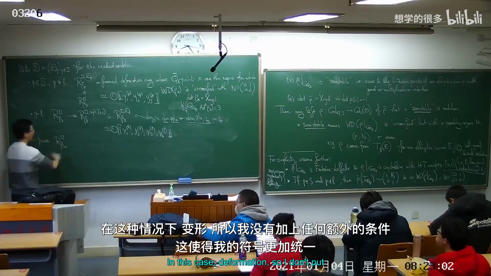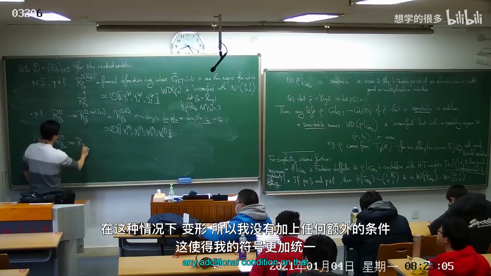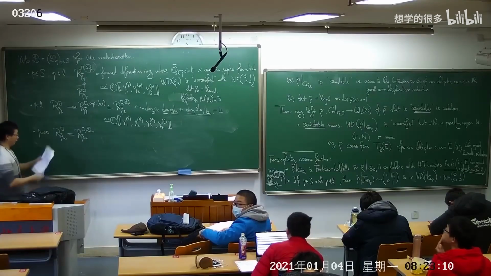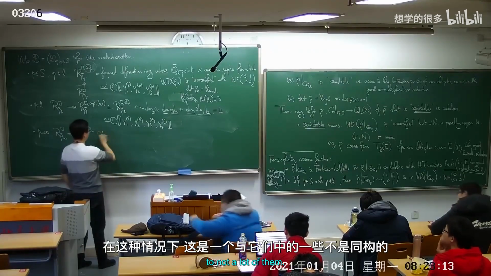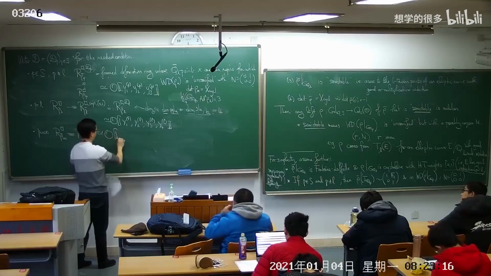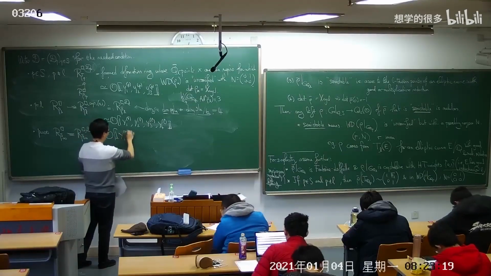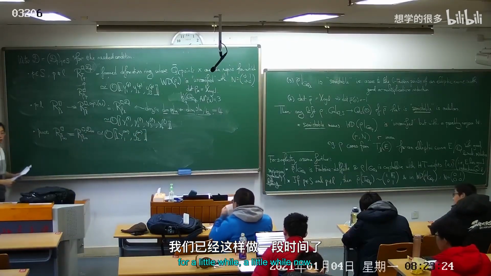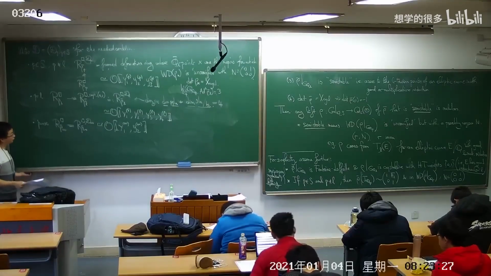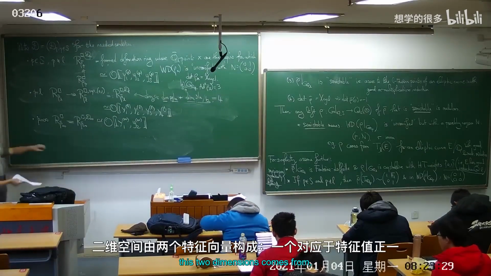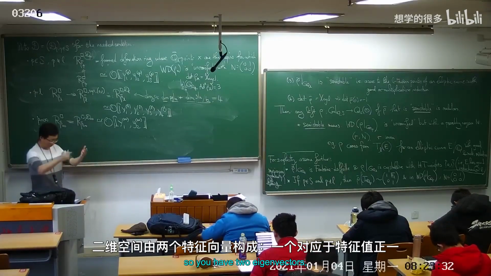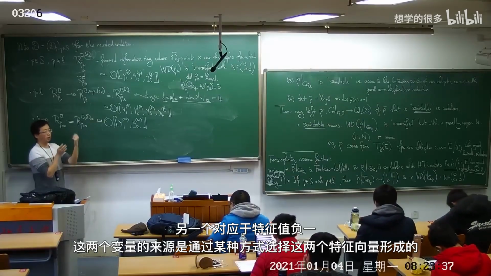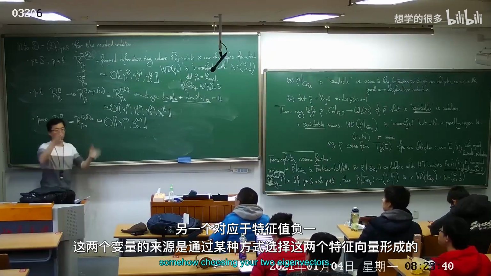In this case, I don't put any additional conditions on it, to make my notation a little bit more uniform, so I still write that infinity. This is isomorphic to, so this is 2-dimensional. We did this computation a little while ago. This 2-dimension comes from having two eigenvectors, one for eigenvalue 1, the other for eigenvalue -1, and these two variables come from choosing your two eigenvectors.